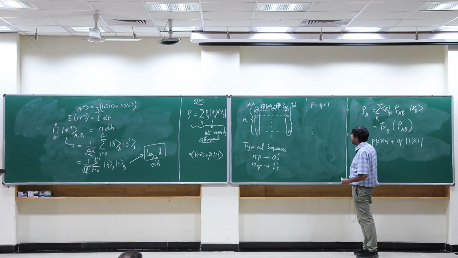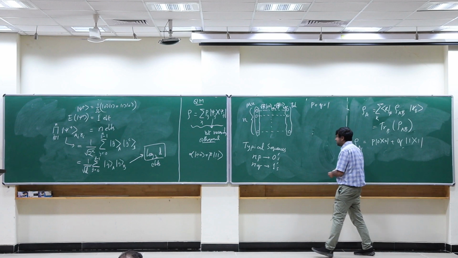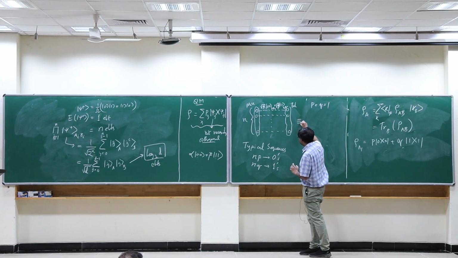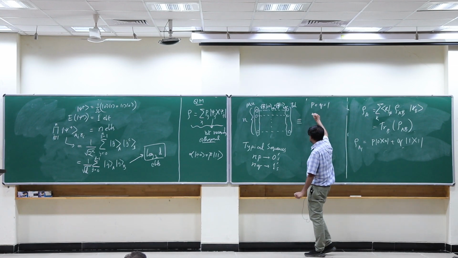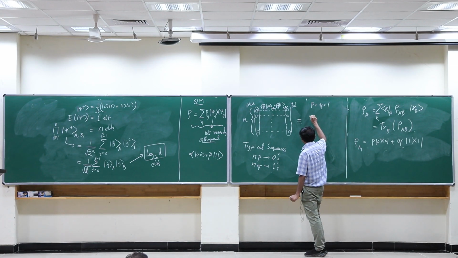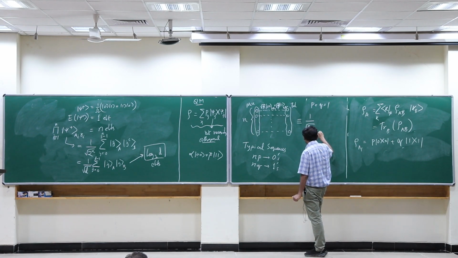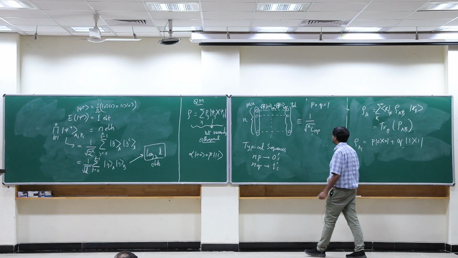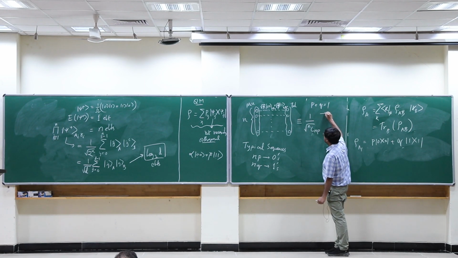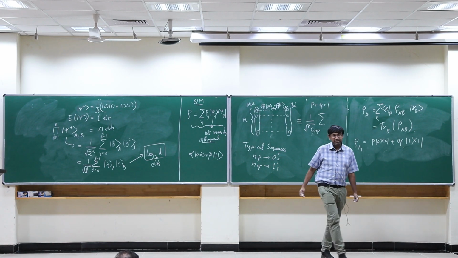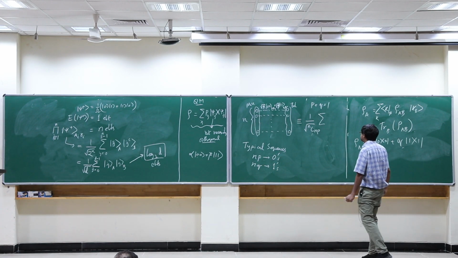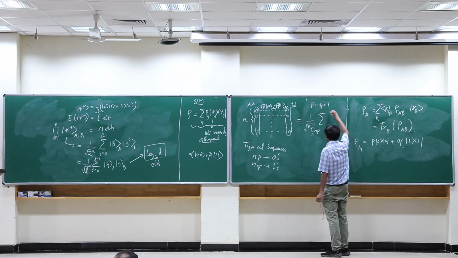So, essentially I have really not done anything, the whole state is equivalent to this thing: 1 by square root of n choose np, and sum over all these typical sequences, which are equally probable.